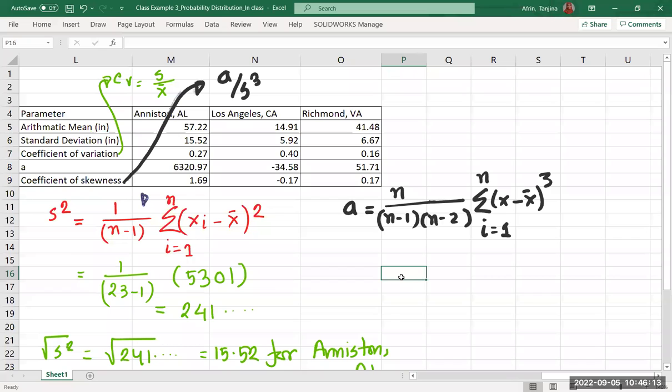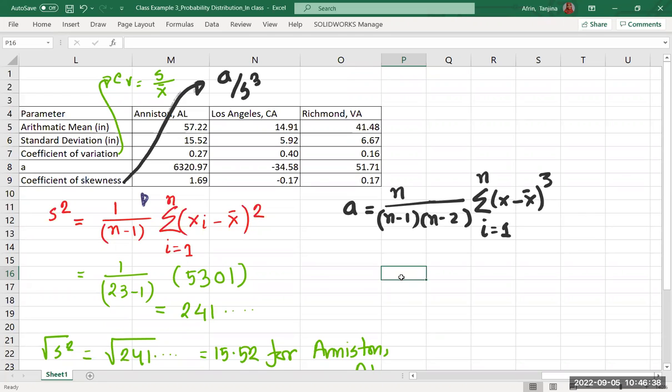At first, tell me which area has the lowest annual rainfall. Los Angeles, which we understand is a dry area. But if you look at the coefficient of variation, which one has the most variation?